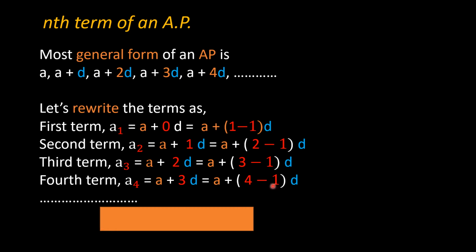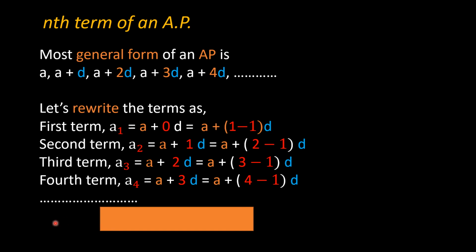Here we observe that in a1, this 1 becomes 1 minus 1, in a2 this 2 becomes 2 minus 1. In a3, this 3 becomes 3 minus 1. In a4, this 4 becomes 4 minus 1, and so forth.